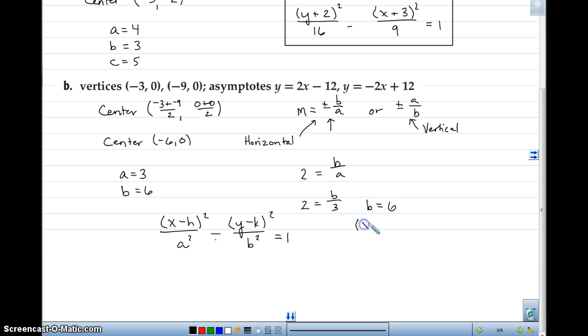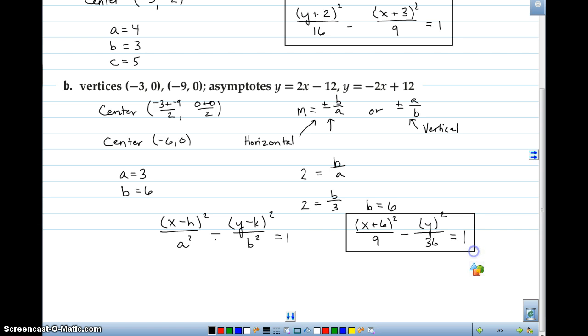This is x plus 6 squared over a squared, which is 9, minus y minus 0, so it's just going to be y squared over b squared, which is 36, equals 1. Okay, be very careful about the order for x and y. It's dependent upon whether the hyperbola is described as being horizontal or vertical.